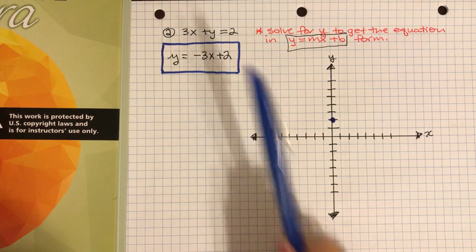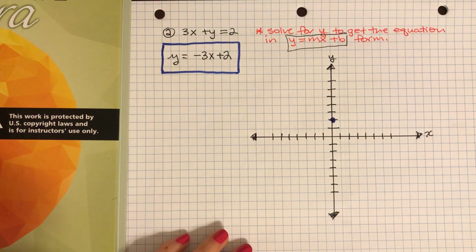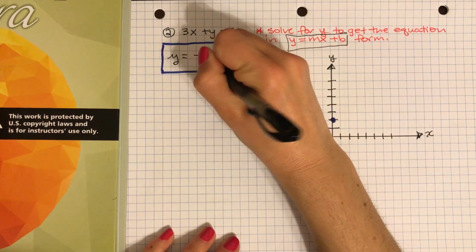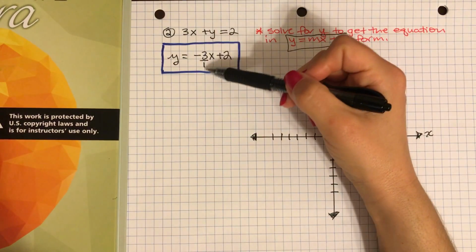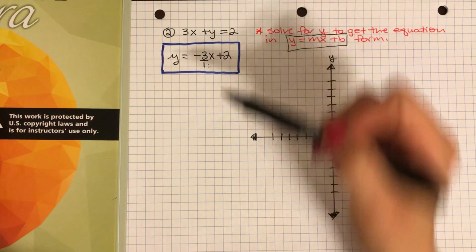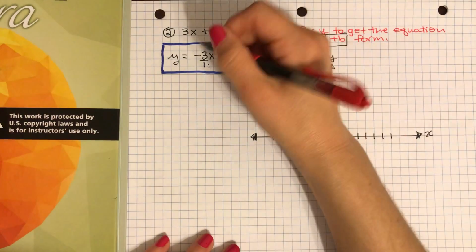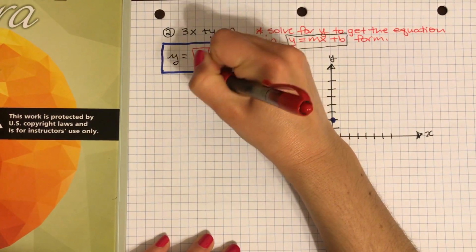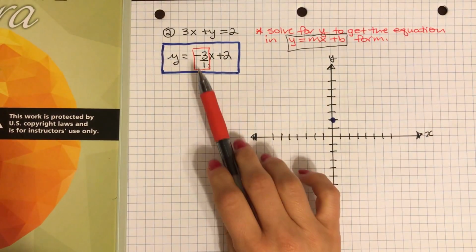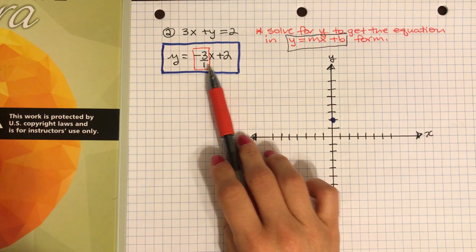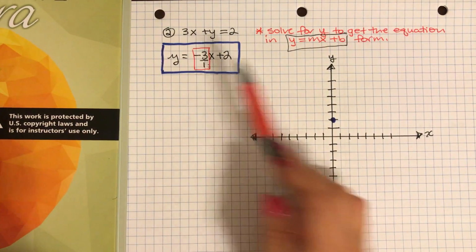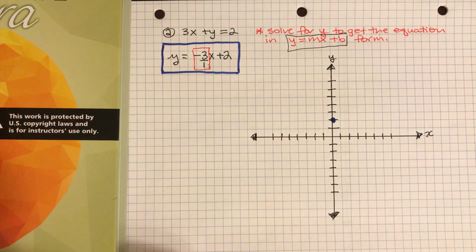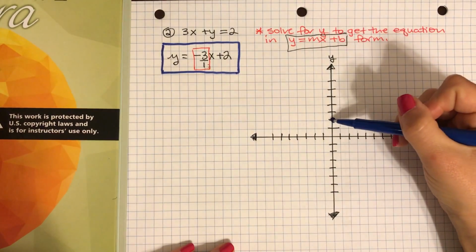Slope is -3. You can also write -3 over 1 to remind you that you do have to go 1 unit to the right. This is an example where we have a negative slope. So since 3 is negative, we are going to go down from the y-intercept.